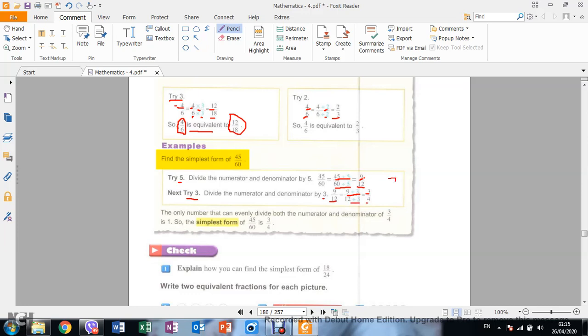Means 3/4. So these are the smallest numbers, then we cannot divide anymore. This is called the simplest form, 3 over 4. The simplest form of 45 over 60 is 3 over 4.